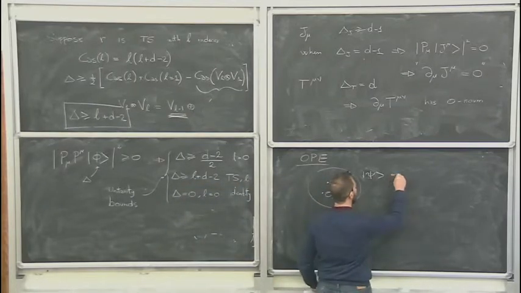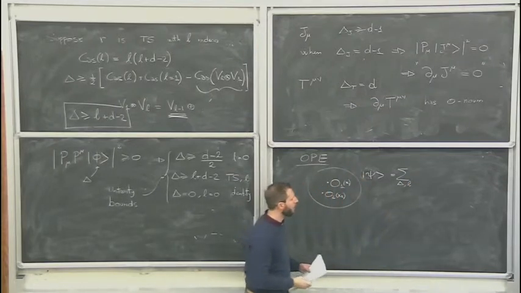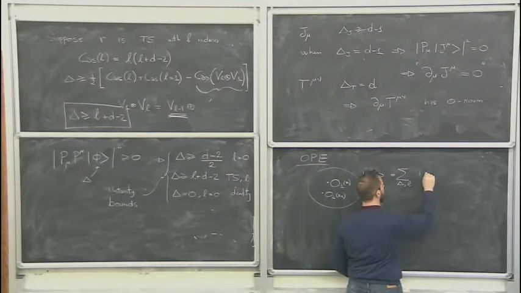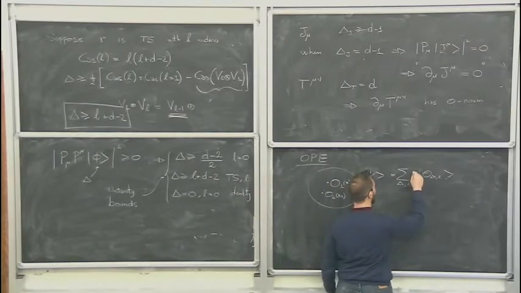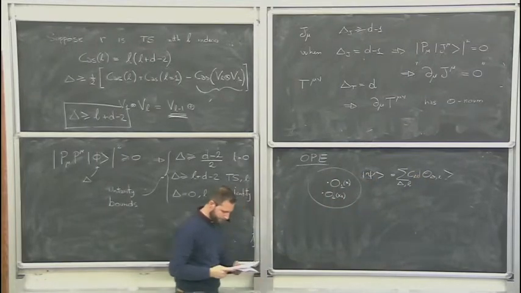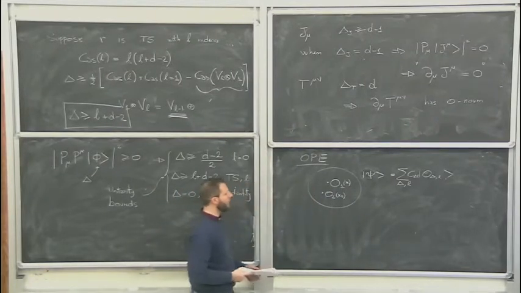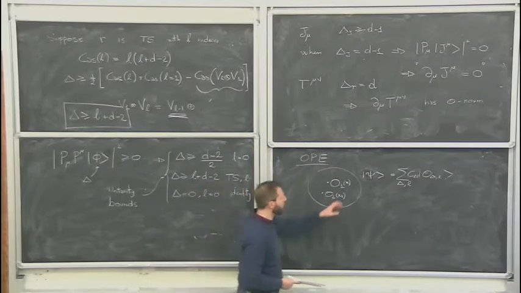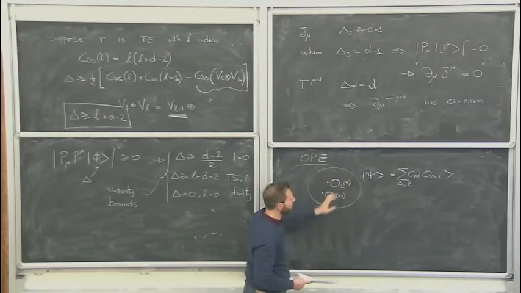So I can write this as a sum over delta and spins of states of the form O_{delta, L}, and there will be some coefficient here, C_{delta, L}.